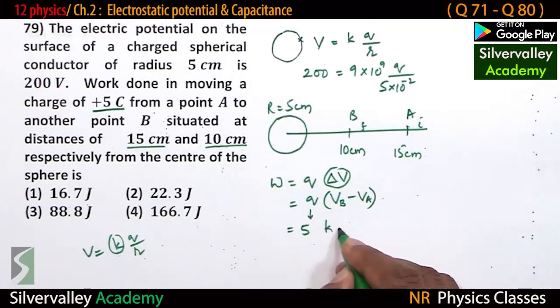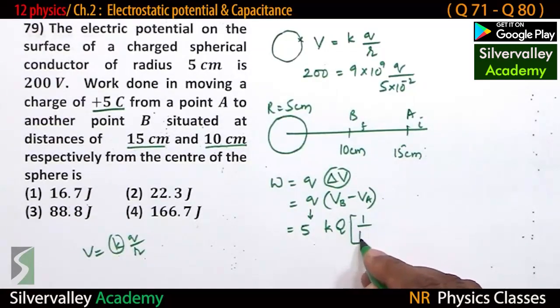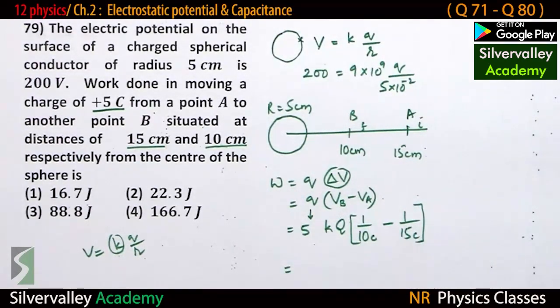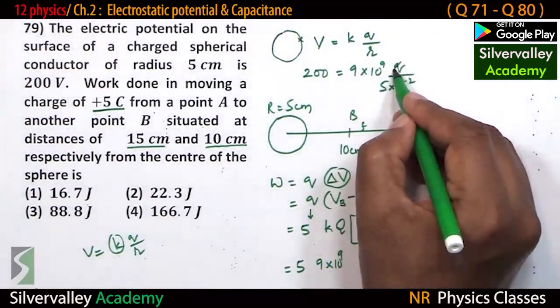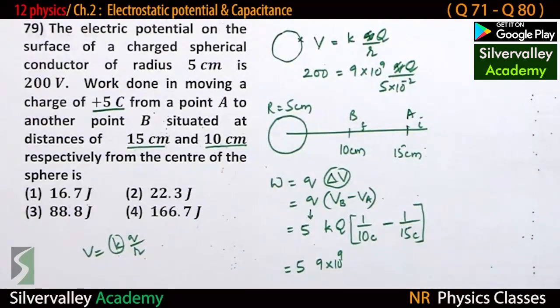Therefore constant times charge times 1 by distance of B, which is 10 centimeter, minus 1 by 15 centimeter, times 5. The constant is 9 into 10 power 9. This charge is nothing but this charge. Let this be capital Q, the charge on the conductor.